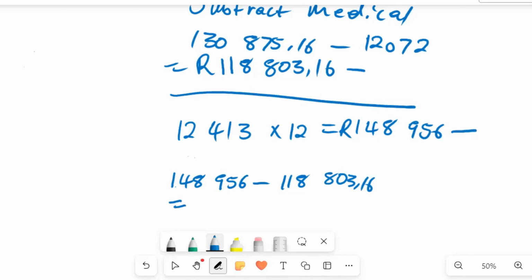And then how much extra is she paying? She's paying an extra 30,152.84, which is way too much.